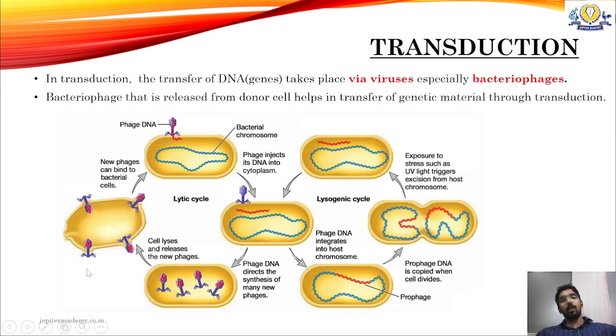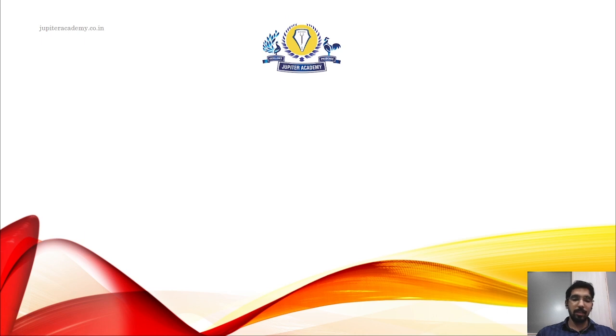When it infects other bacteria, the DNA from this bacteria is transferred to the DNA of the other bacteria. So it's a very long and complicated process, and it is totally dependent on chance. So there is a transfer of DNA from one bacteria to another with the help of a virus such as bacteriophages. With this we come to the end of today's class.